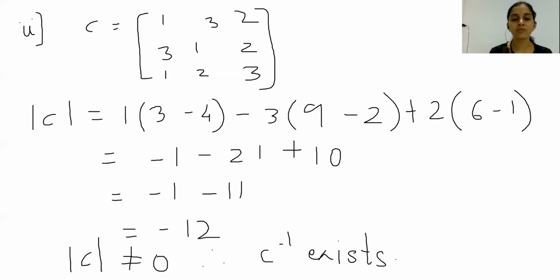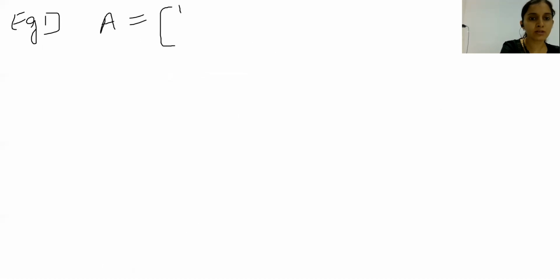For finding it, we use the row or the column transformation. So let us do a numerical on how to find an inverse by row transformation. Example 1. We'll do row transformation. We take a simple 2 by 2 matrix to first understand how to find an inverse. So A is equal to 1, 2, 3, and 4. Okay, this is your 2 by 2 matrix.